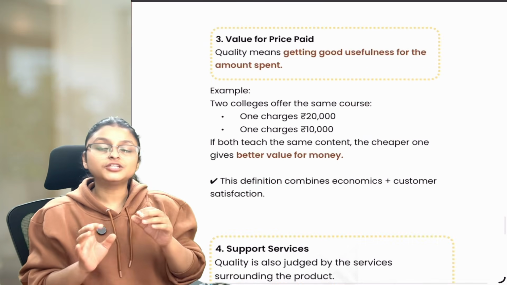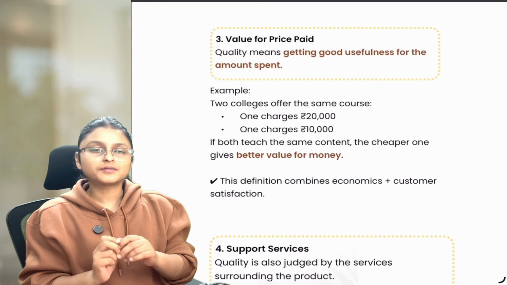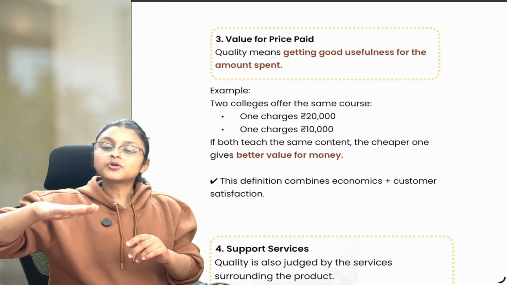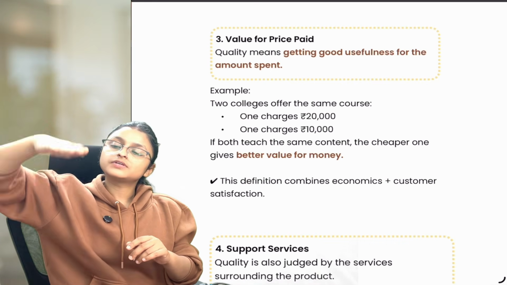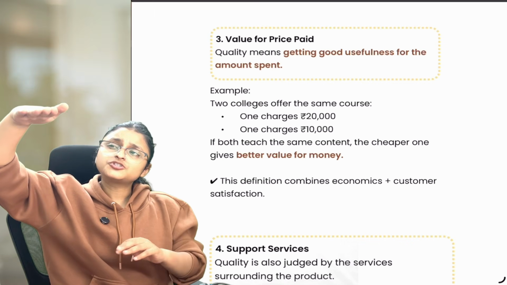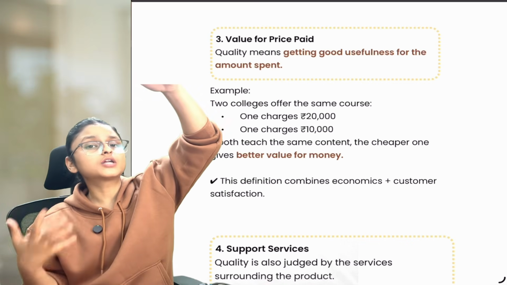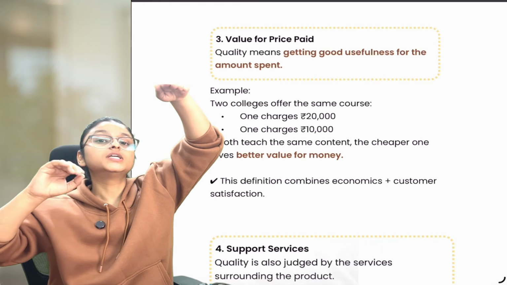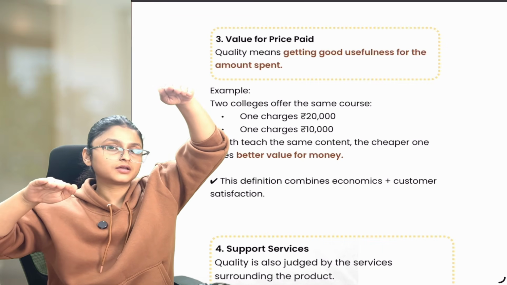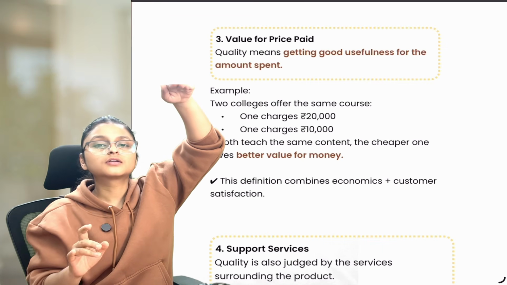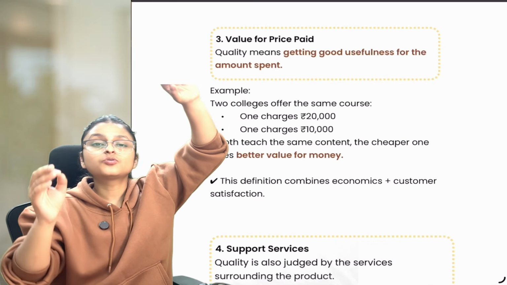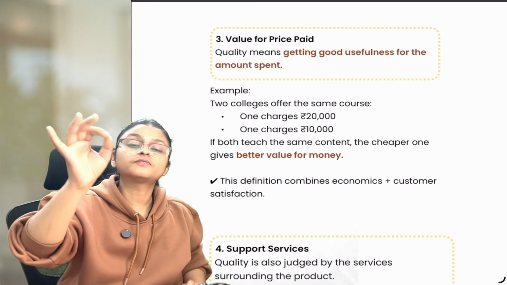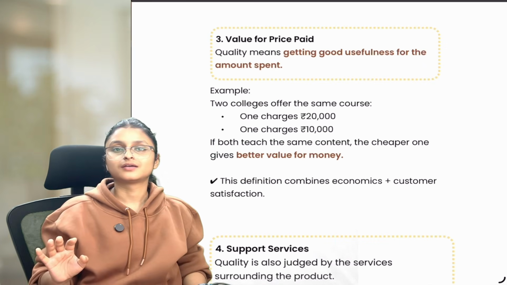Next is value for price paid. Think about it. If a product is very good in quality, but it charges you a really large amount as compared to the quality it is providing, do you think it's a quality product? The answer is no. That means quality is also determined on the basis of the value or the price we are paying.